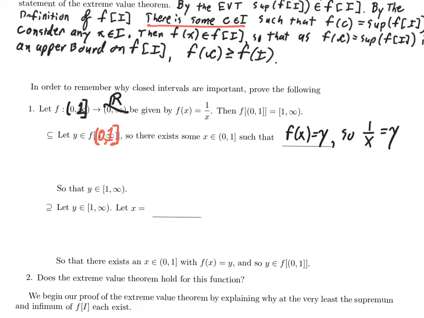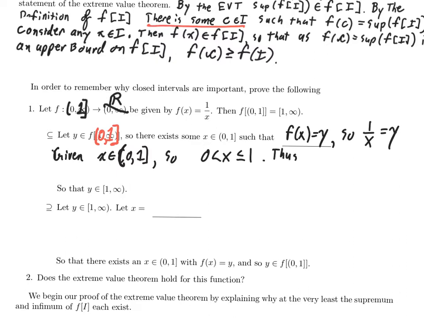And what do I know about this x? We are given that x is in (0, 1]. And what does that mean? That means 0 is less than x is less than or equal to 1.